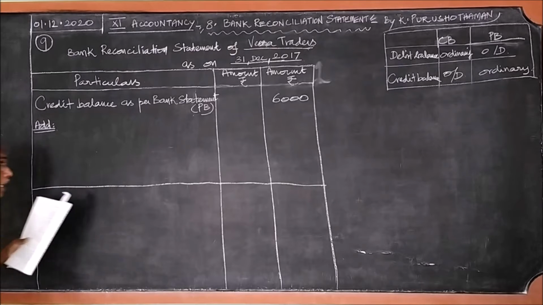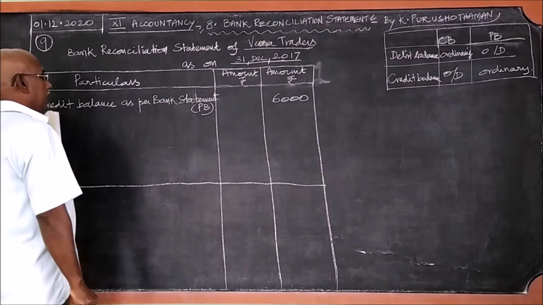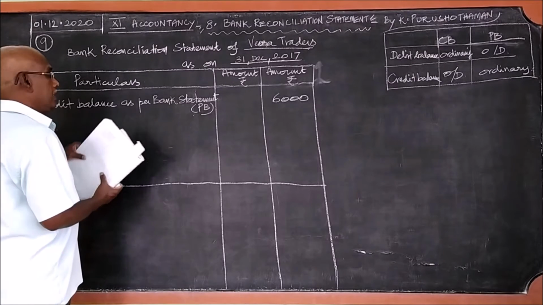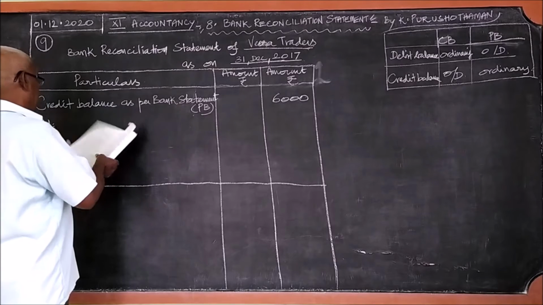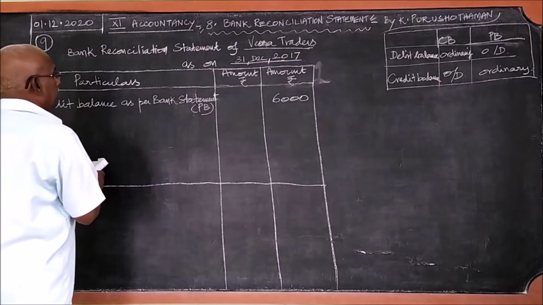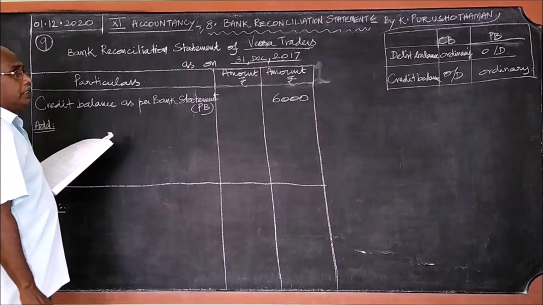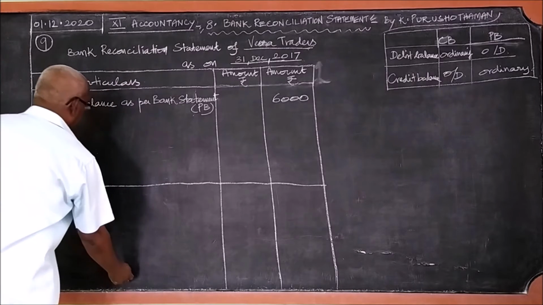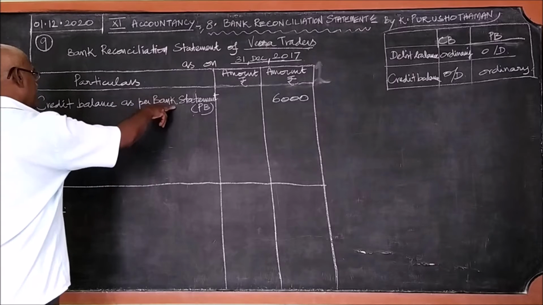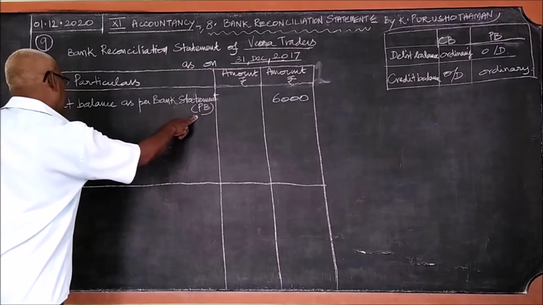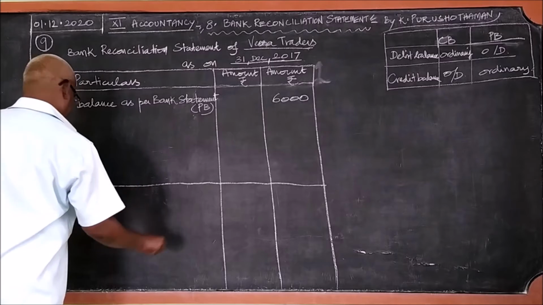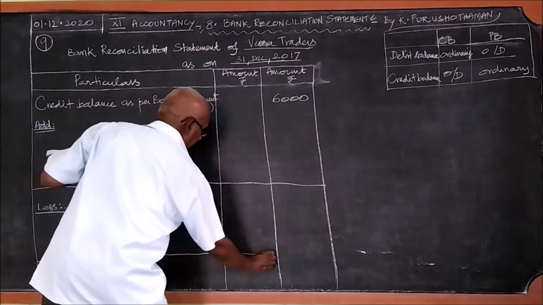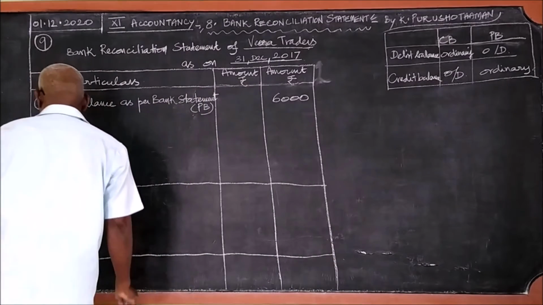We should select now what should be added to and what should be subtracted from. See, in this there is a special case. Up to problem number 8, we talked about the cash book balance to passbook balance. In this, we started with the passbook balance to cash book balance. So, what we should find? Balance as per cash book.